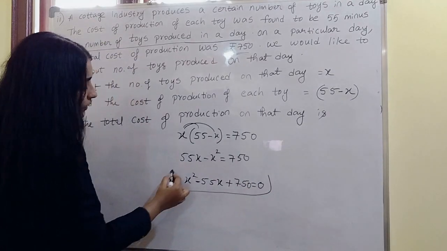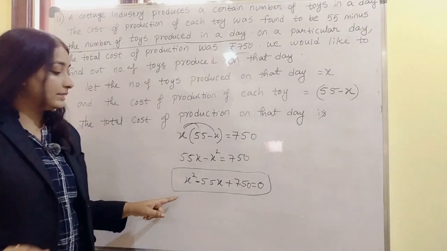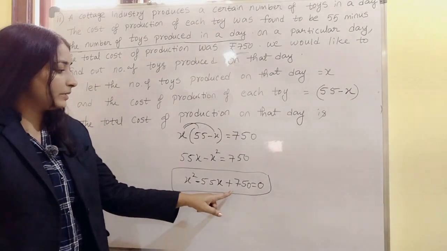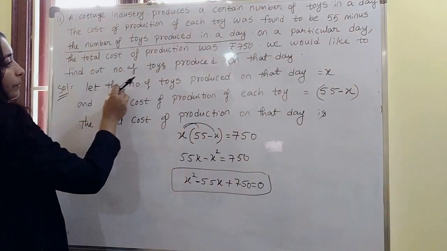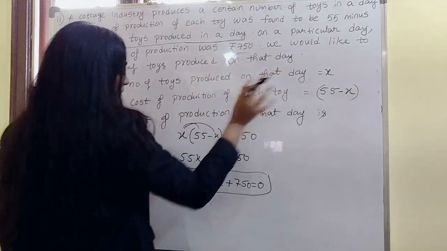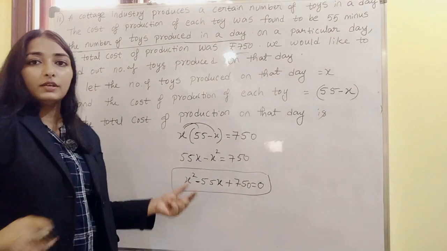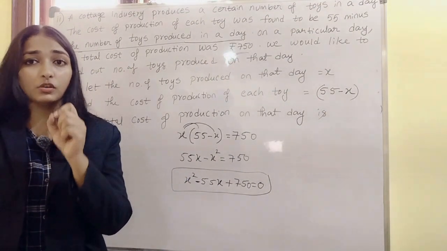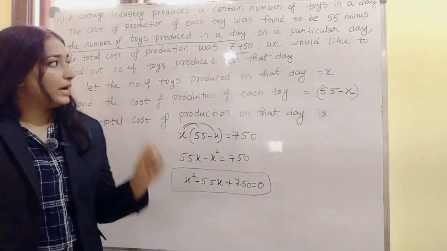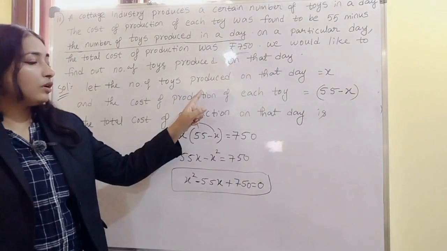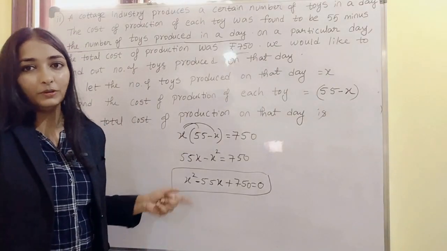Is it clear? So this is in the form of a quadratic equation. What is X here? Number of toys produced on that day. That will satisfy this quadratic equation. When we solve this quadratic equation, we get the value of X, that is how many toys were produced on that day. This is the required representation of the problem mathematically.